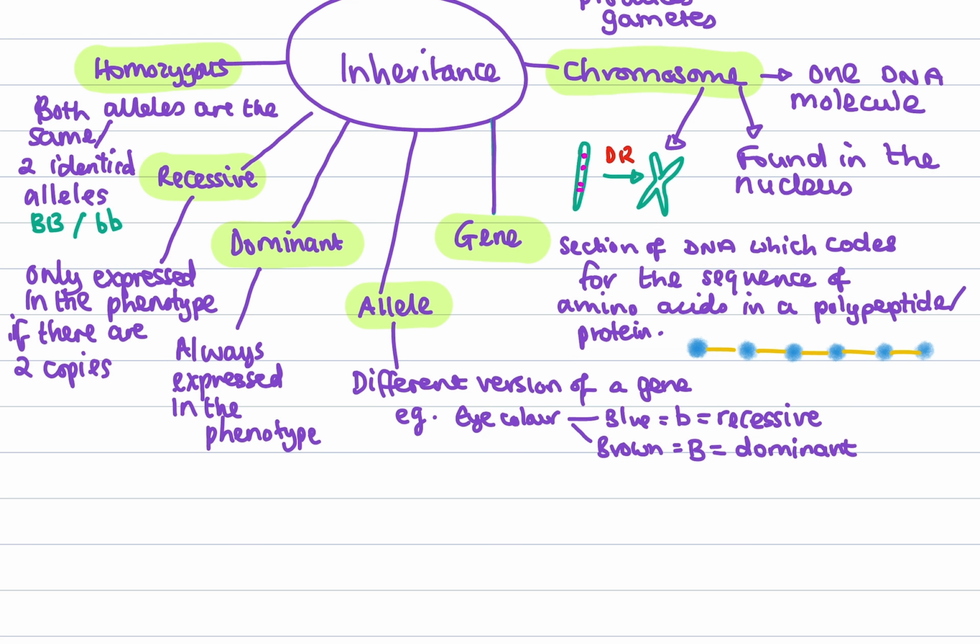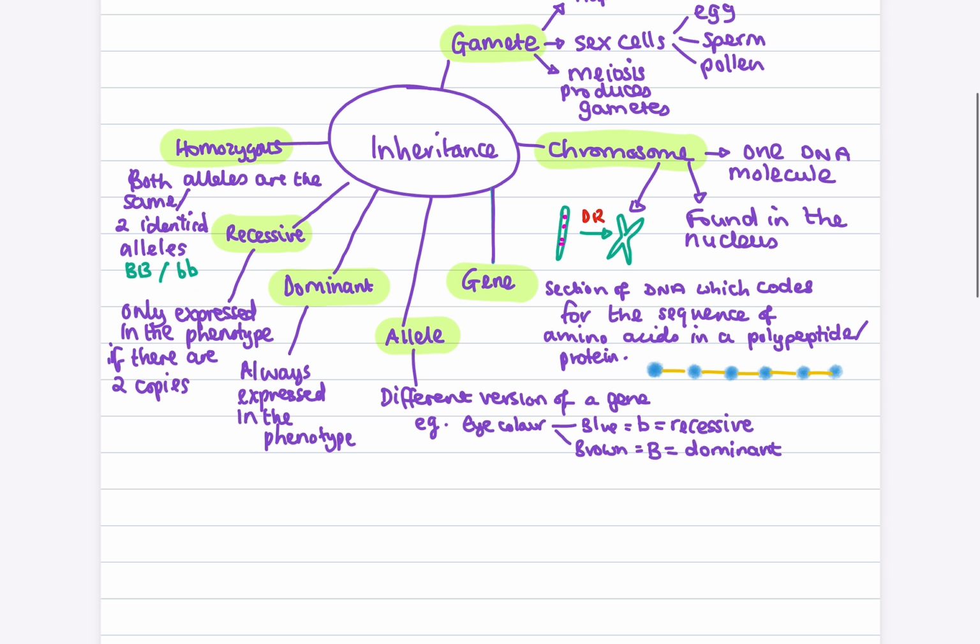So the opposite of this word, where both alleles are different, we would say heterozygous. Two different alleles. Example, capital B, lowercase b. Heterozygous.